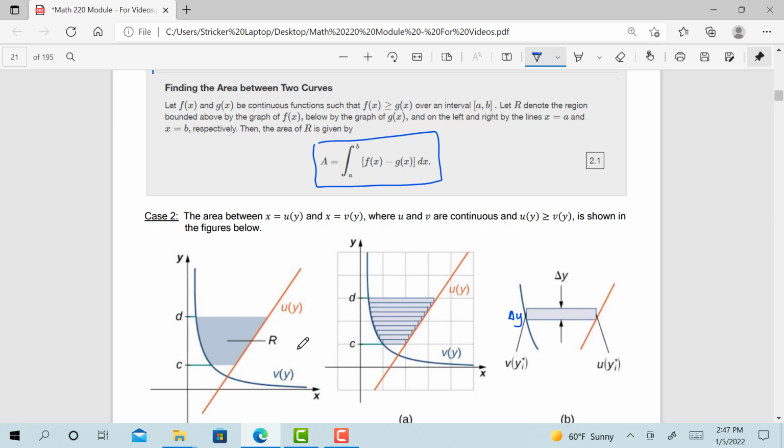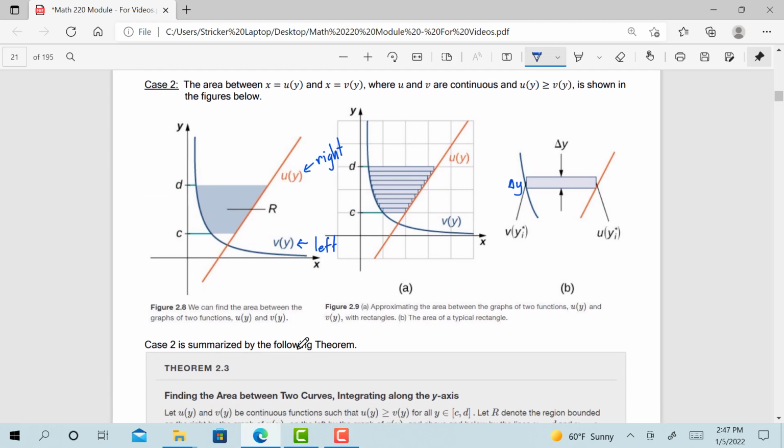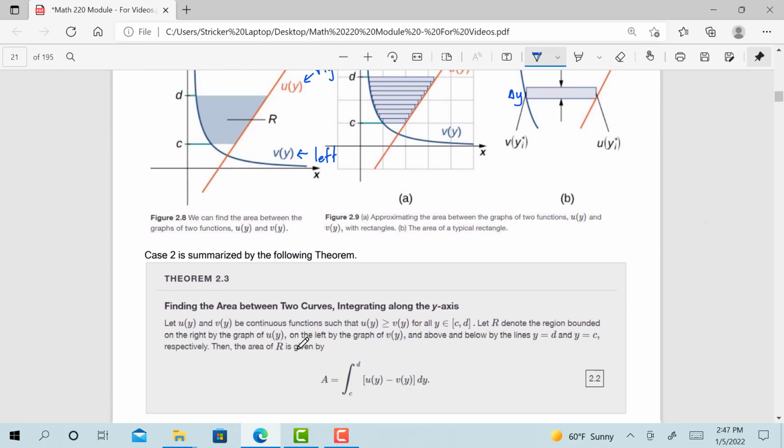Now instead of going the function on the top minus the function on the bottom, it's going to be the function on the right, which in this case would be the orange looking function, minus the function on the left, which is the blue function. So call this our right function, and we'll call this our left function. So u of y and v of y. And so when you go to look at the theorem, you'll see it follows that.